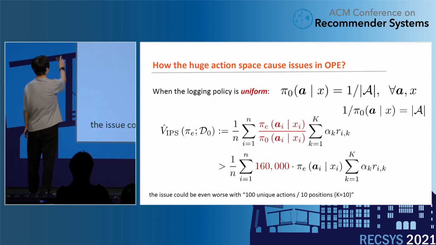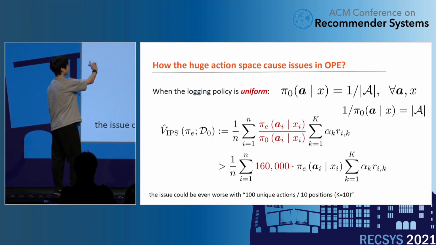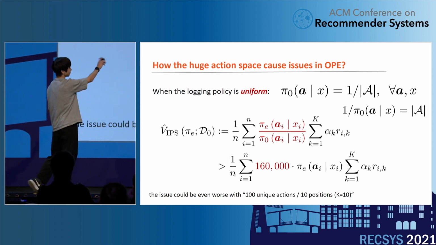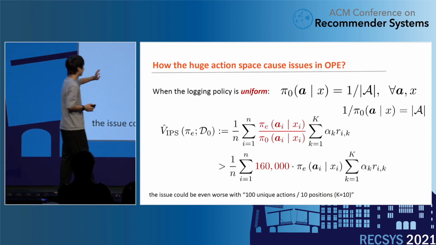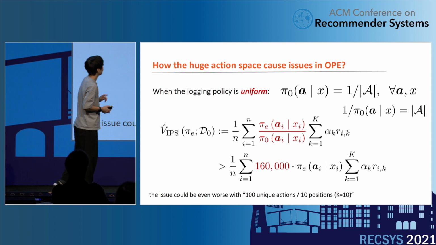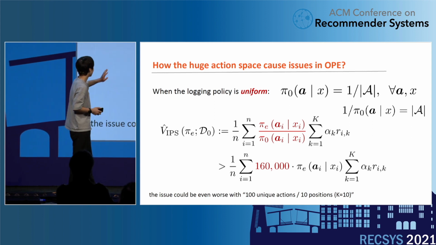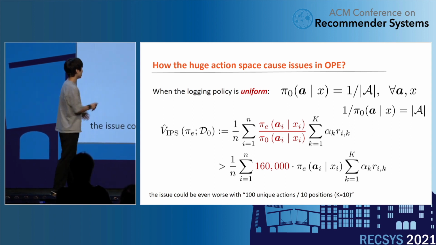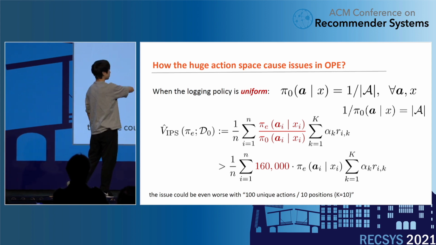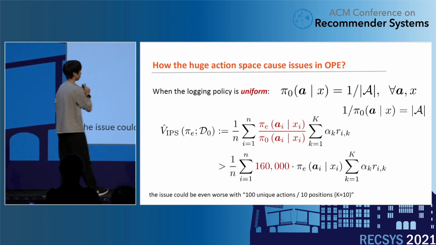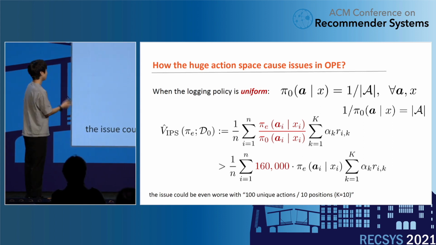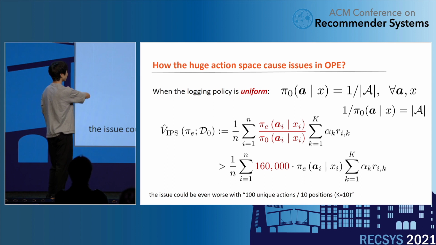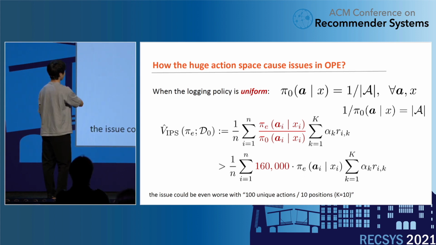So let me assume that the logging policy is now uniform, meaning that the pi now is just a constant, 1 over the number of combinations. So this is just the weighted average of the reward observations, the vanilla IPS. And we see that the 1 over pi now in the importance weighting definition means that in the definition, we always have the number of all the combinations in the definition of the IPS, even when the logging policy is uniform.